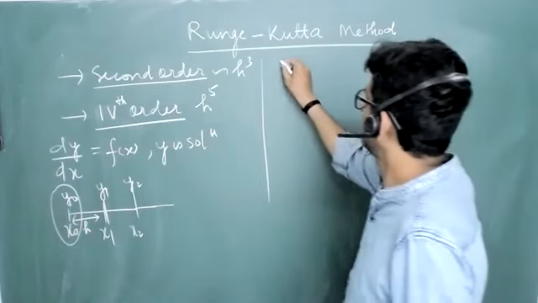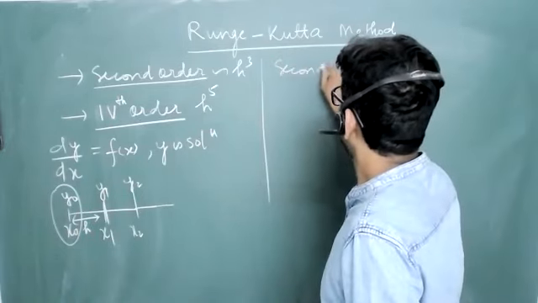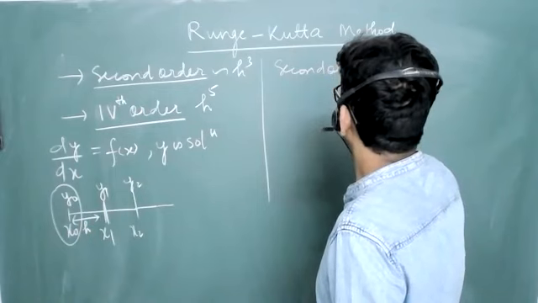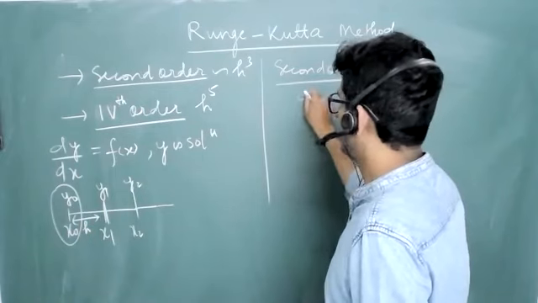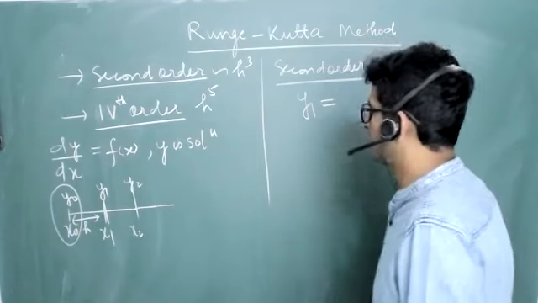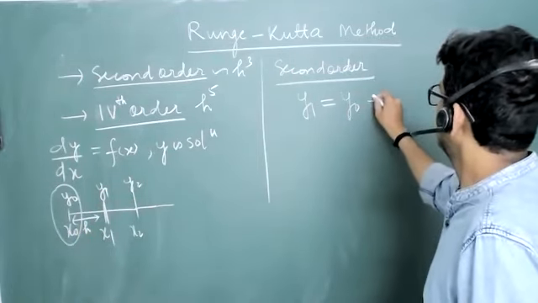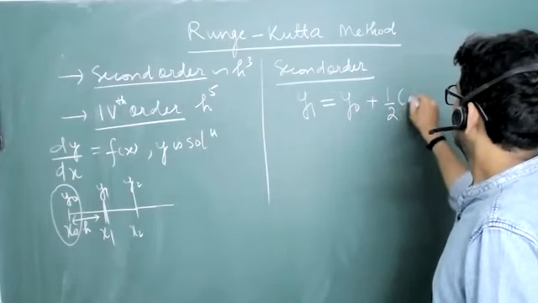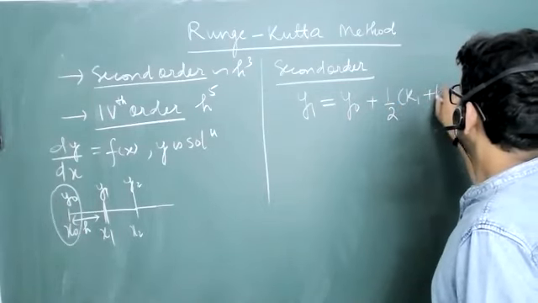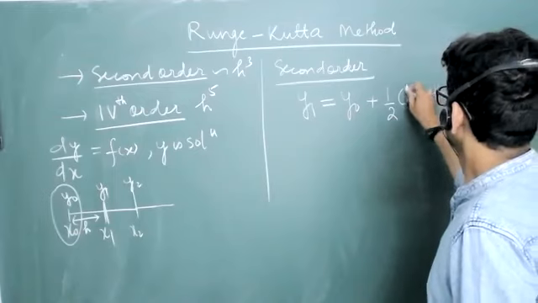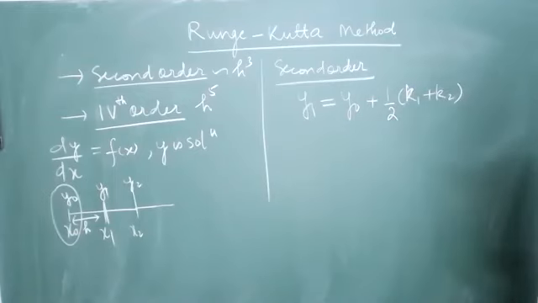In Runge Kutta second order, this y1 value is equal to, please understand this everybody, y0 plus half of k1 plus k2. So this is the value of y1 in Runge Kutta second order.